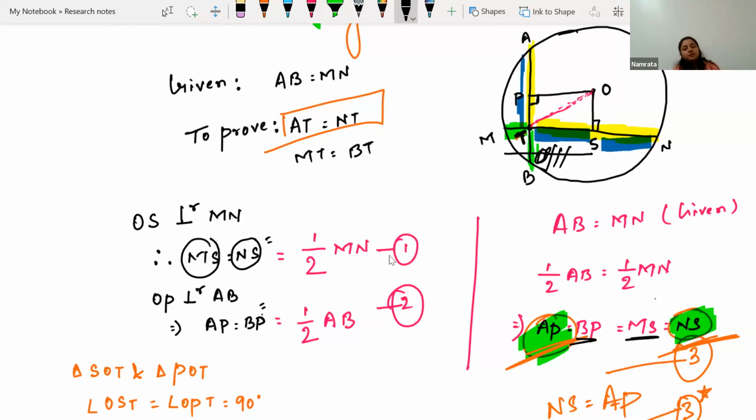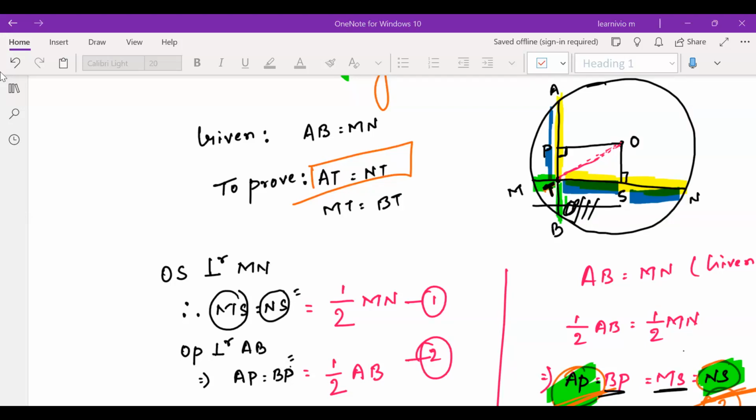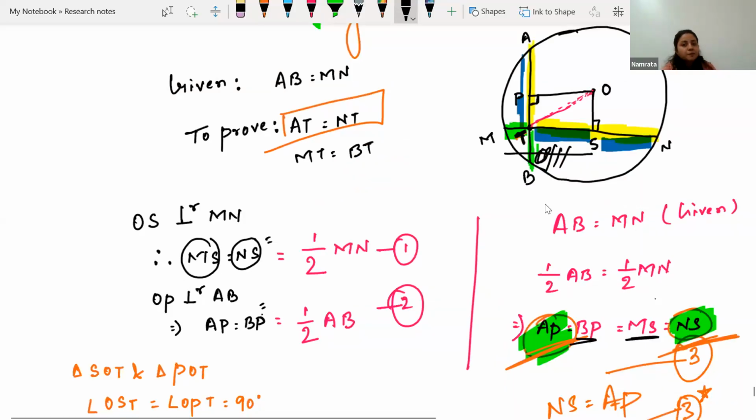Let me summarize everything. Okay, just a moment. So here we are having two chords which are of equal length.